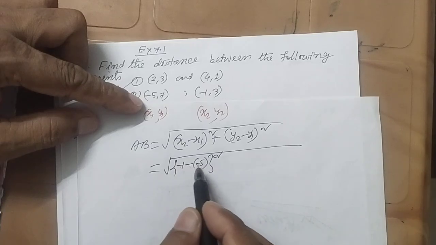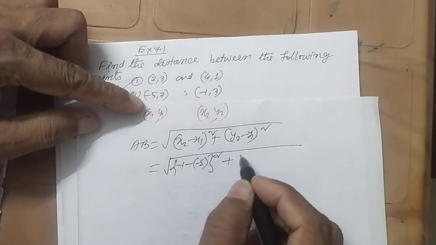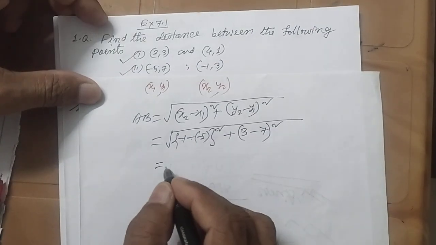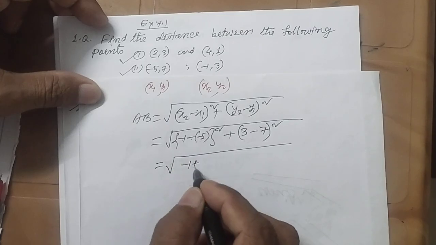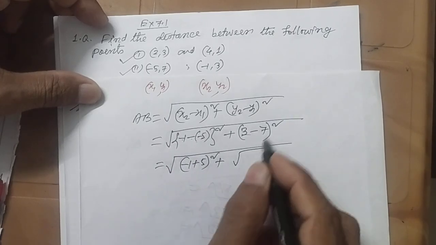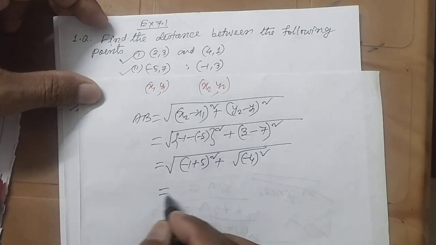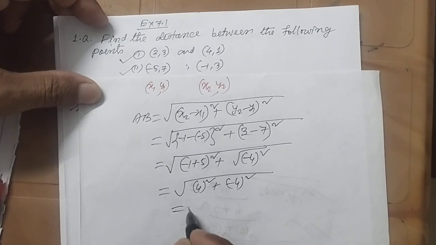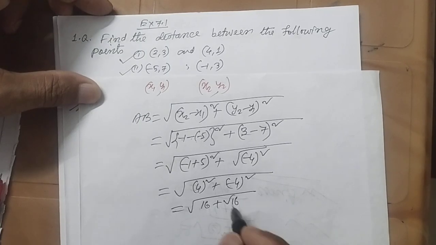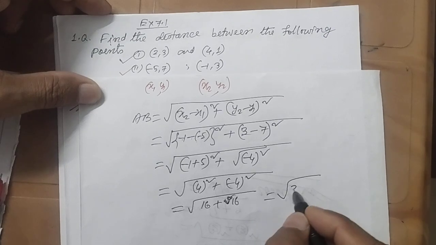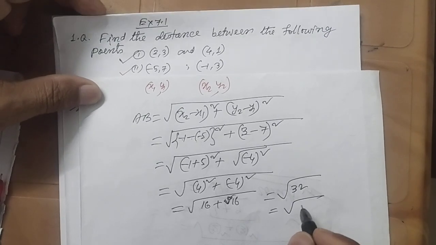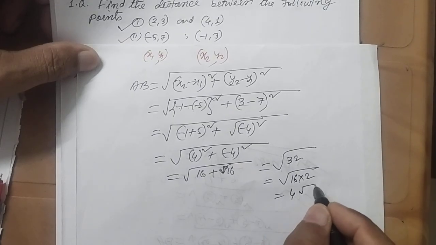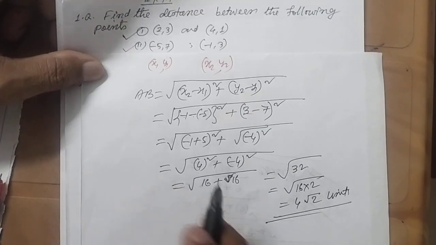Then plus y2 is 3 minus y1 is 7, here positive, so you put like this. Then simplify. Minus 1 minus minus 5 is plus, so 4 whole square, and 3 minus 7 is minus 4 square, so it will be 16 plus 16, sorry, root over 16 plus 16 is 32. You can make it 16 into 2, 4 square is 16, so 4 root 2 units. So the second question is also done.